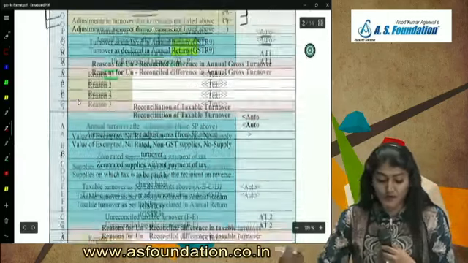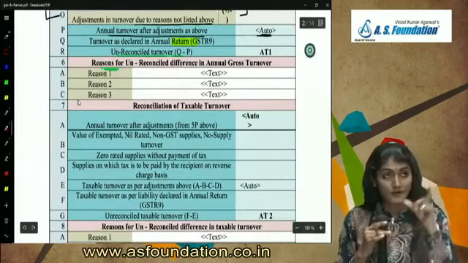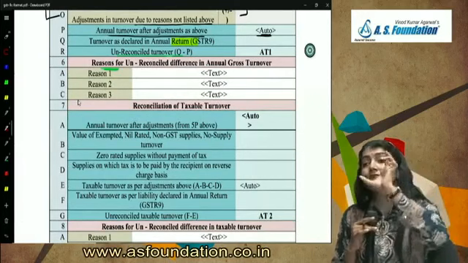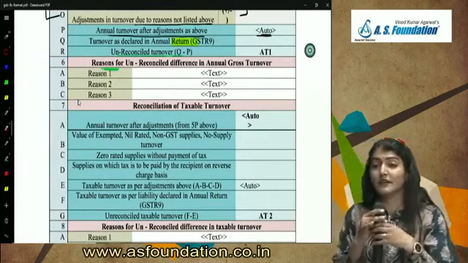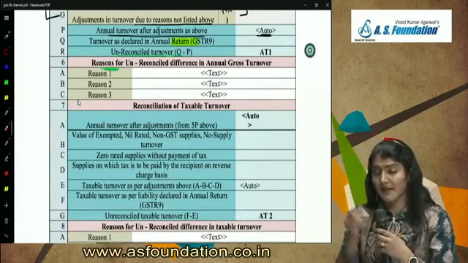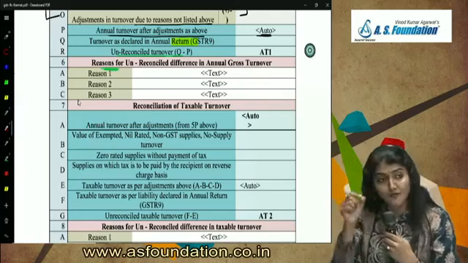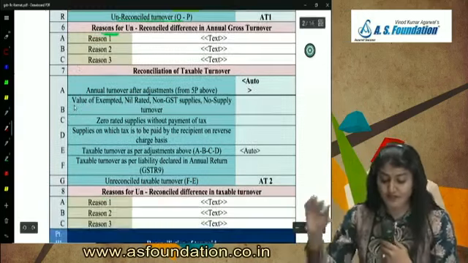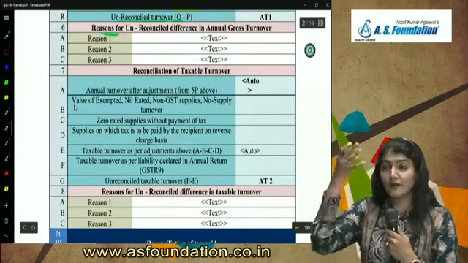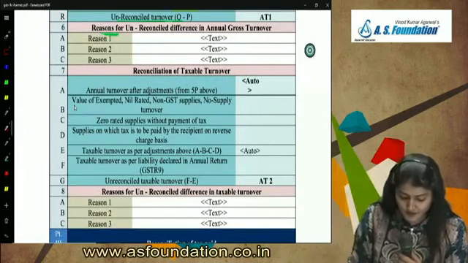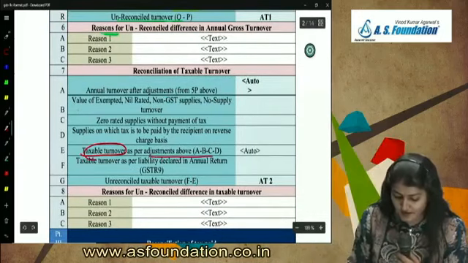Now we will come to the taxable turnover. So now from this turnover under the GST law, we will reduce the nil rated supplies, exempt supplies, the no supplies and also the non-GST supplies. These 4 we will reduce and then we will come to the taxable turnover under the GST law.